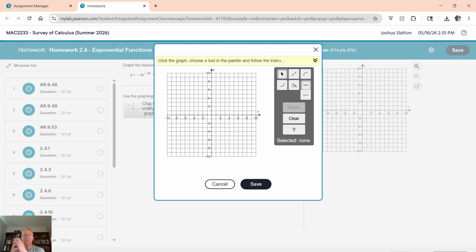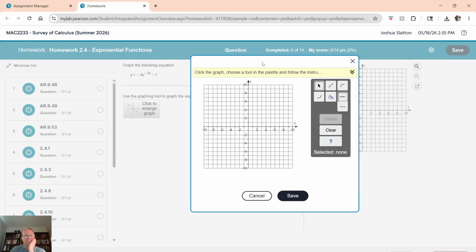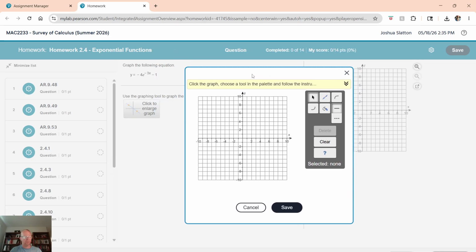So click to enlarge the graph. You've probably done this on other homework assignments, but you can always read up here and it'll tell you what to do. Choose a tool in the palette and follow the instructions.